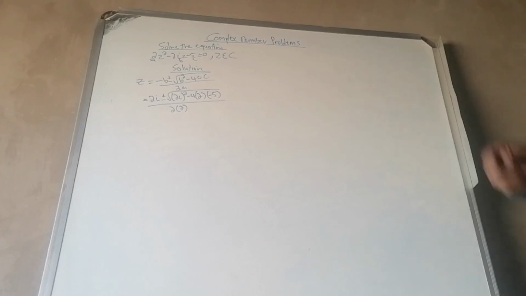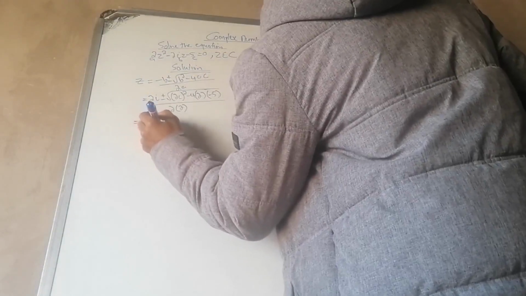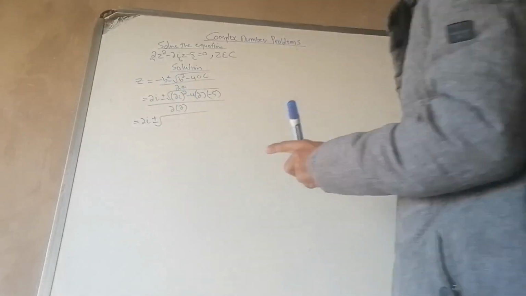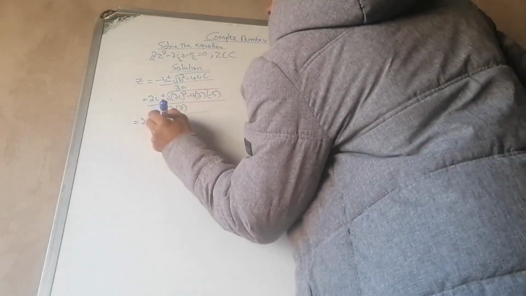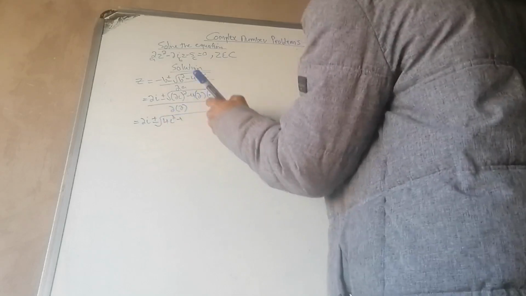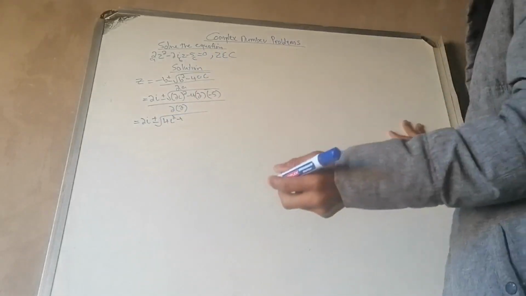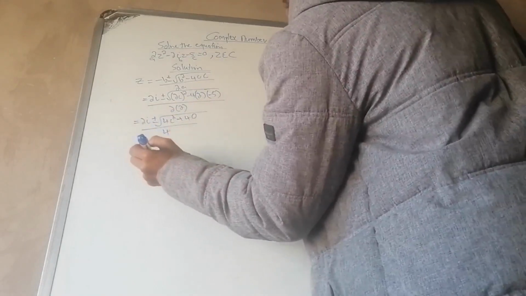Now when I'm here, I can just say 2i plus or minus. Remember what you will get here: you will get 4i squared, and negative times negative is a positive. 4 times 5 is 20, 20 times 2 is 40, divided by 4.